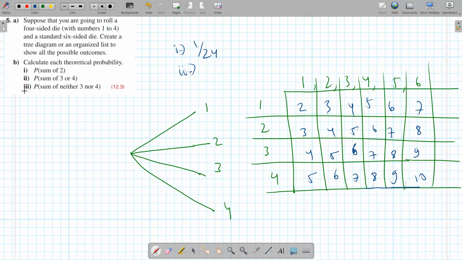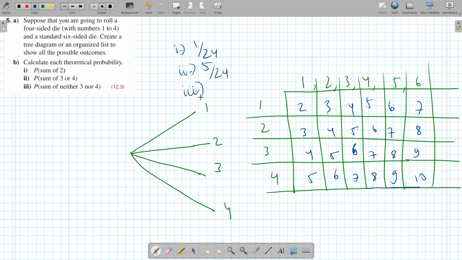What's the probability you get a sum of 3 or 4? 5 out of 24. Yeah. And it says neither 3 nor 4.